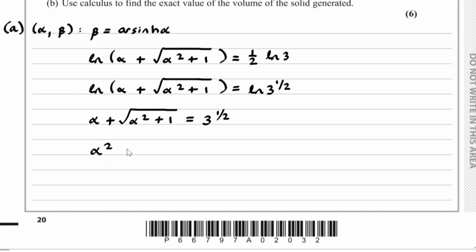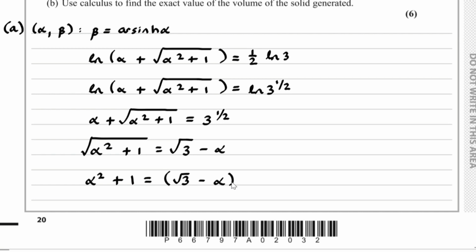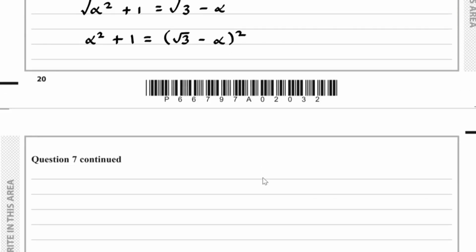So we've got the square root of alpha squared plus 1 equals 3 to the half, which is root 3, minus alpha. So alpha squared plus 1 equals root 3 minus alpha, all squared.